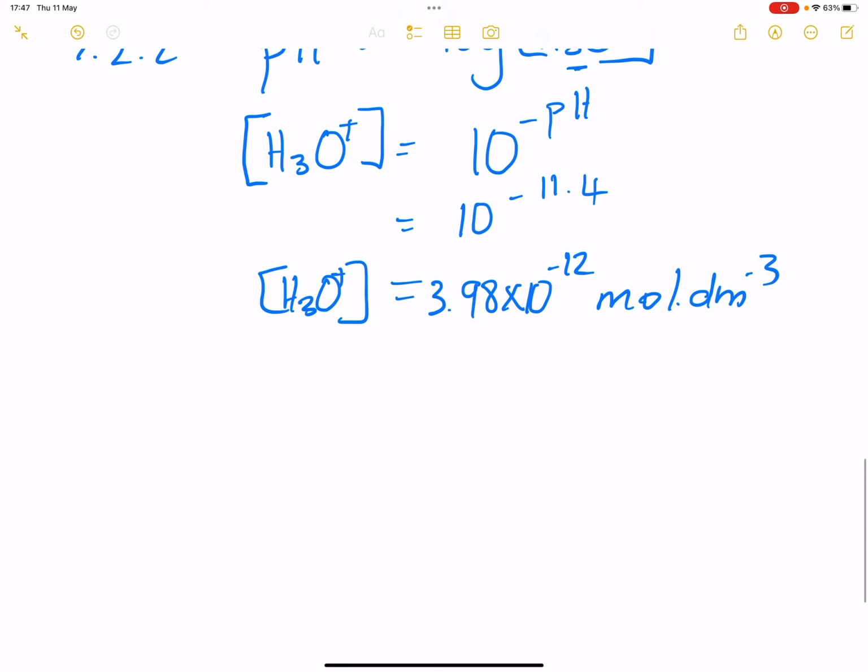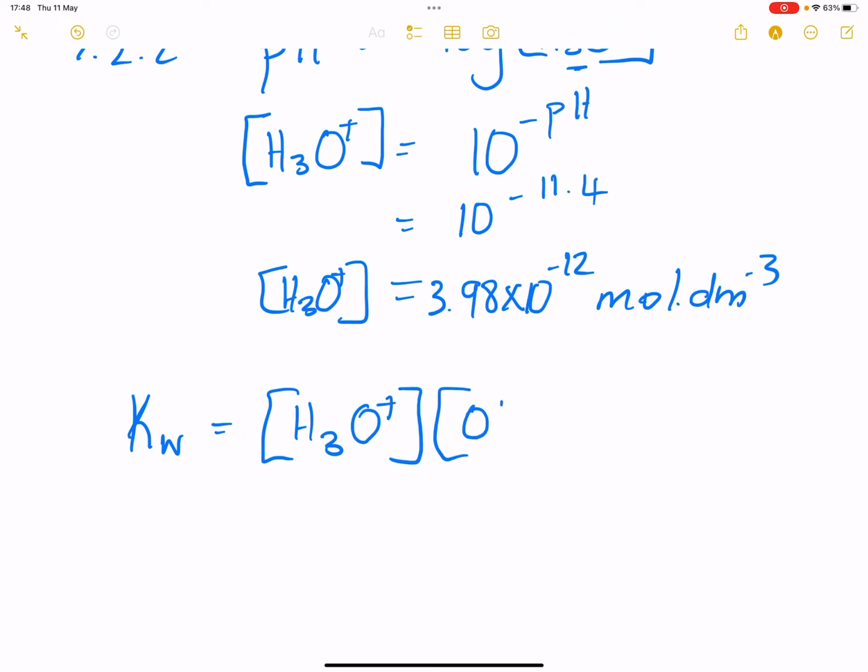But what do I want? I want hydroxide ions. So I'm going to use the ionization constant of water at 25 degrees. That's equal to the concentration of hydronium ion multiplied by the concentration of hydroxide ion, and we know this is equal to 10^-14. We know what this is: 3.98 × 10^-12.